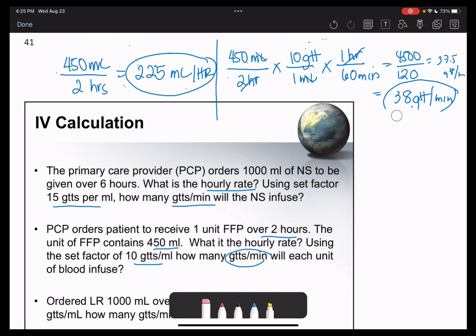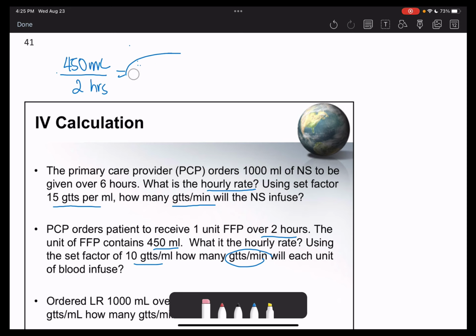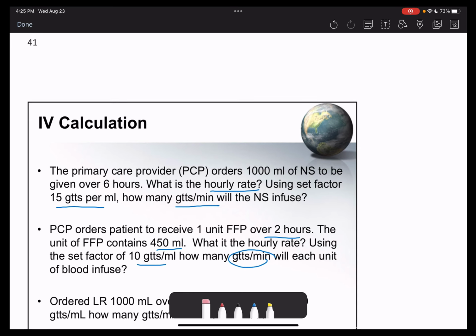Next question. So the key to this is really slow down and analyze what it is that the question is asking you, right? What do you need to calculate for? Because sometimes it can be tricky. Sometimes it's pretty straightforward. It will ask you what is the hourly rate, but sometimes it will tell you to give the infusion rate using an IV pump.